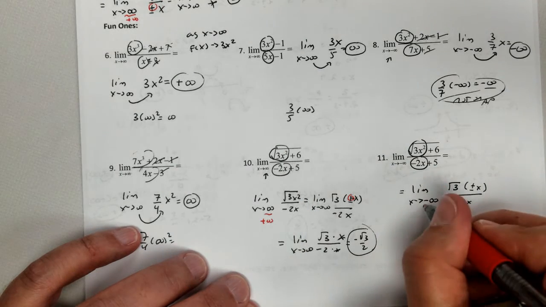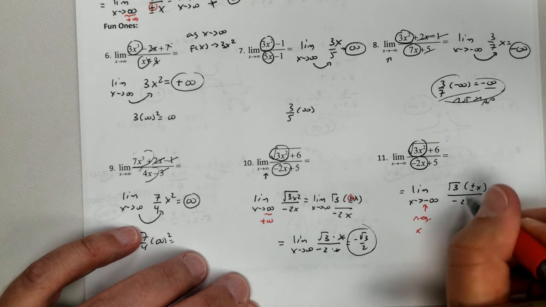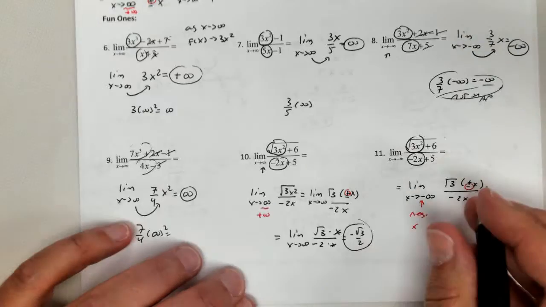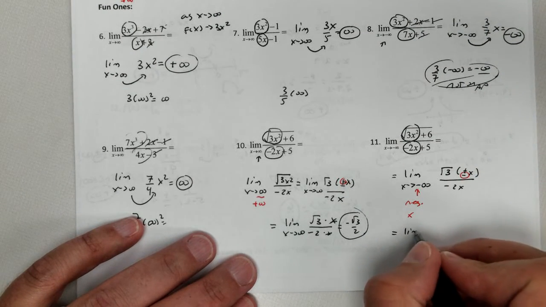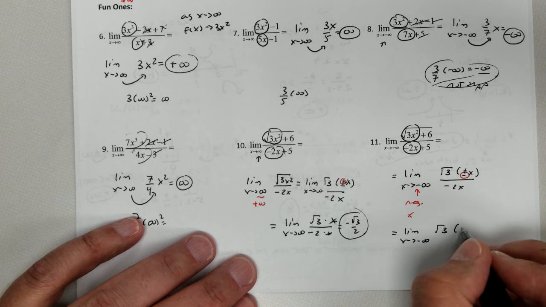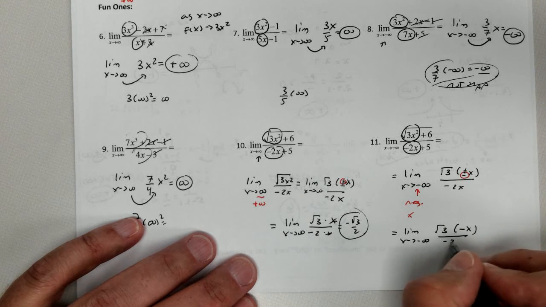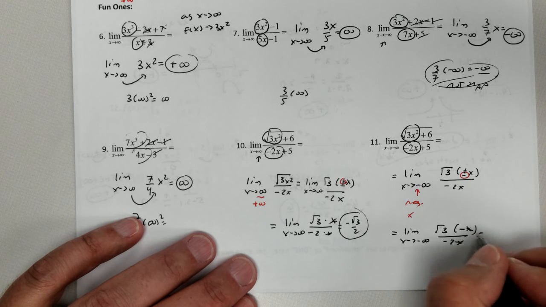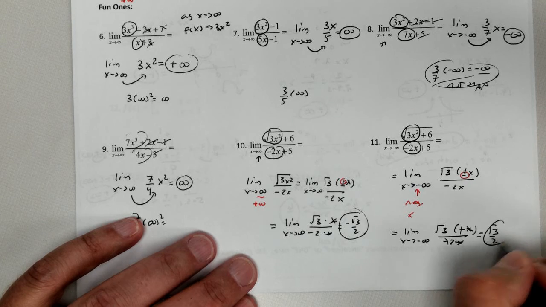But this time, remember, we want the negative x. So I picked the negative there. And we're going to get the limit as x goes to negative infinity, root 3, negative x over negative 2x. The x's cancel. Two negatives will make a positive, and we get positive root 3 over 2.